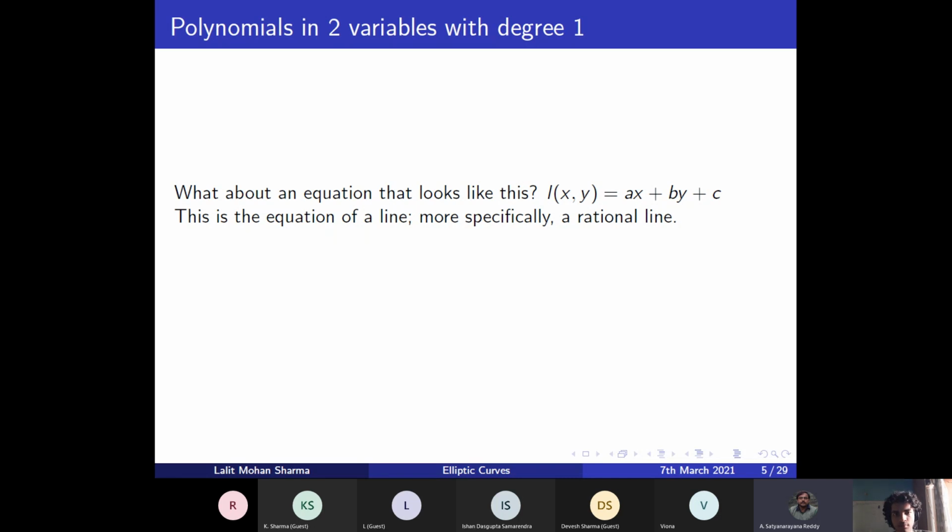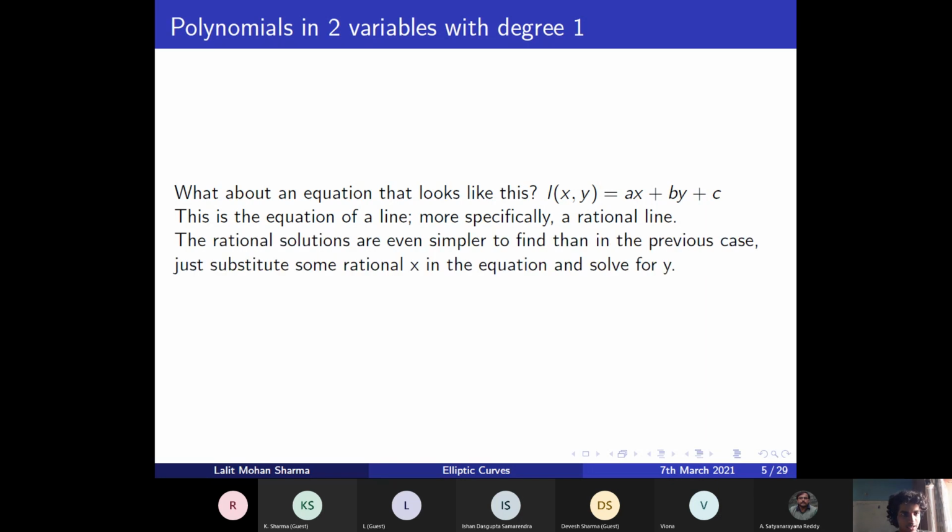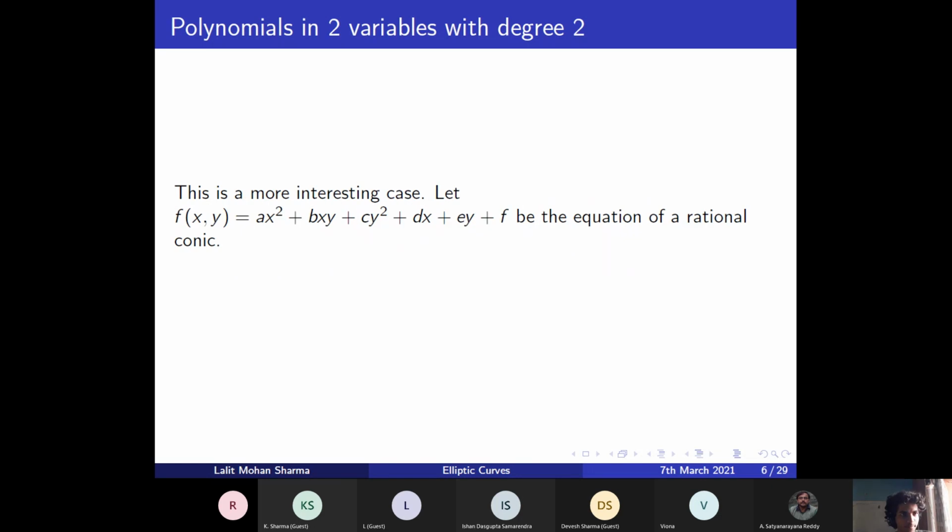And it depends upon a, b, c. So these are the things we need to look into. As Satyasar said, you have to look at the coefficients; it depends on a case by case basis. Sometimes you just substitute some rational x and solve for y.